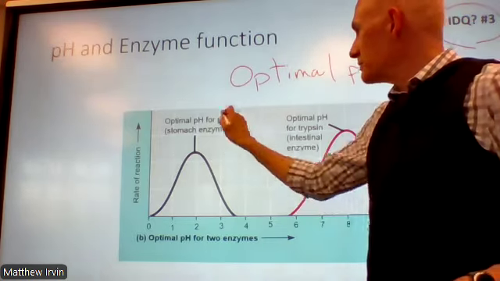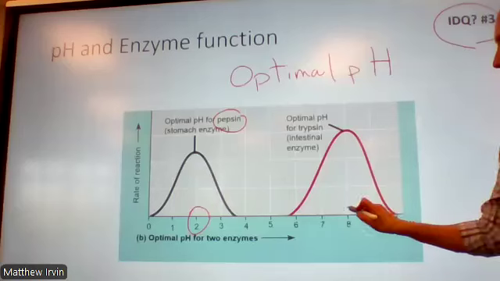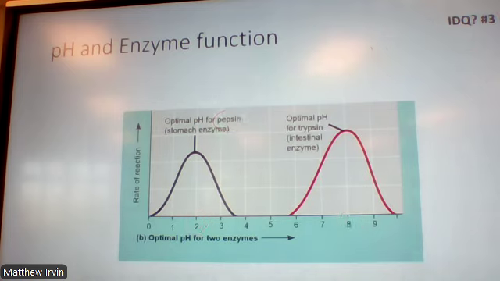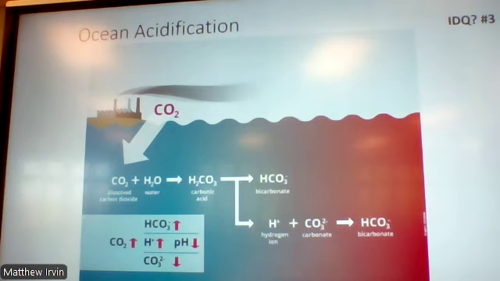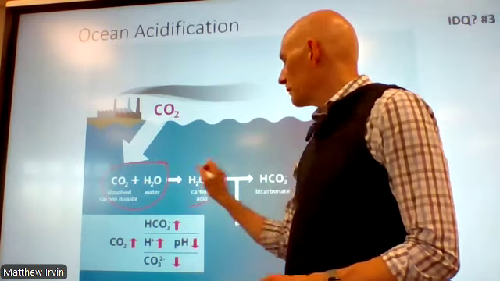The optimal pH of pepsin in the stomach is 2. Trypsin, which is in your small intestine, is going to be a higher pH of 8.